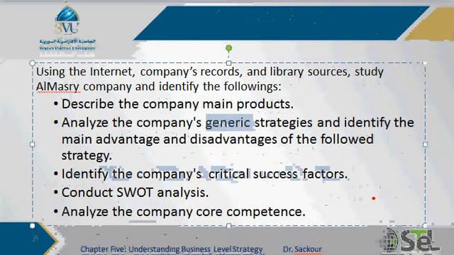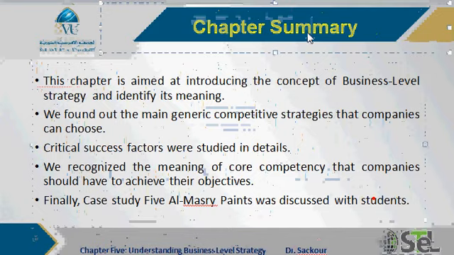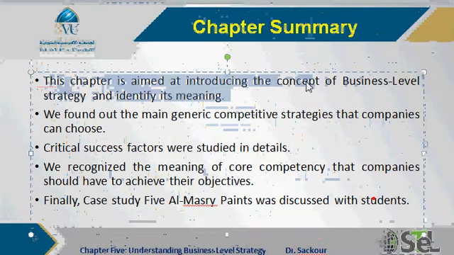Okay, guys, at the end of this chapter, I thank you very much for your attention, and keep listening with us. Just to end with the chapter summary: we introduced the concept of business level strategy.